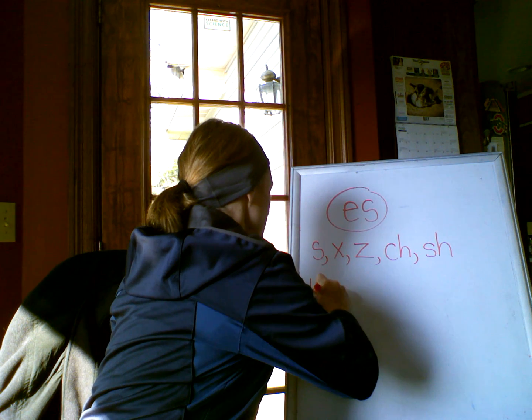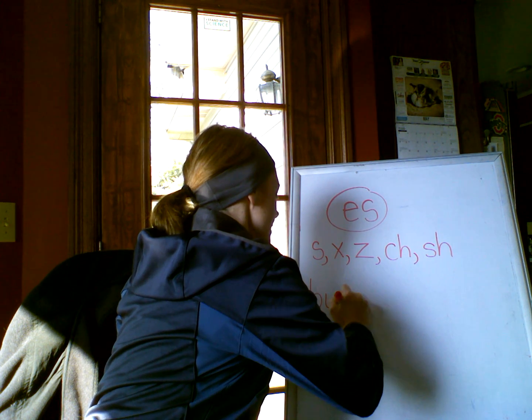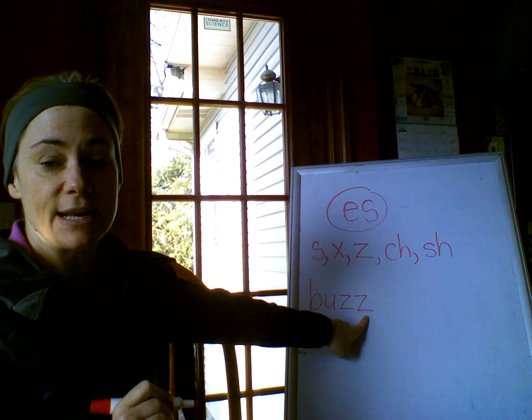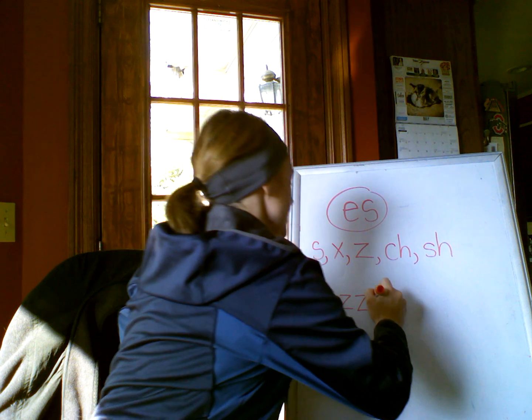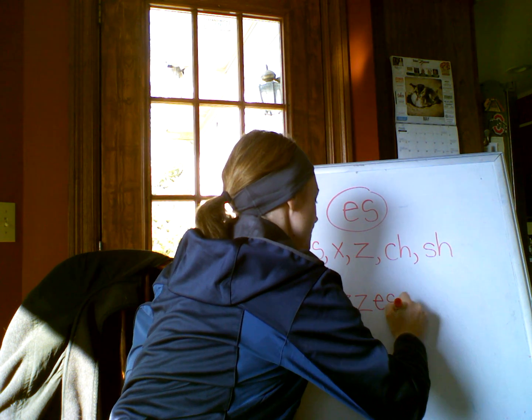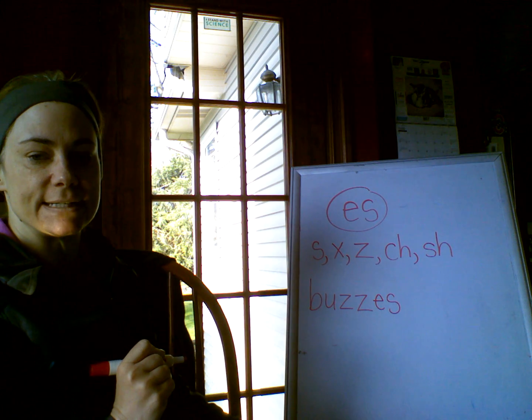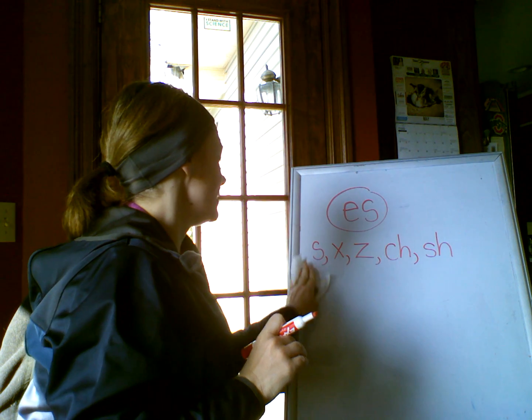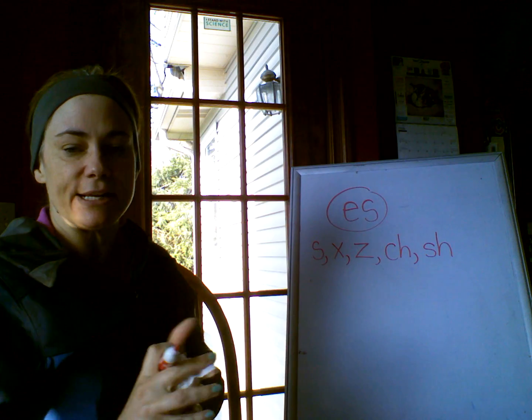I hear a bee buzzing. So if I have a word that ends with Z, it also gets an ES. Buzzes. All right. Let's try a word that ends with CH.